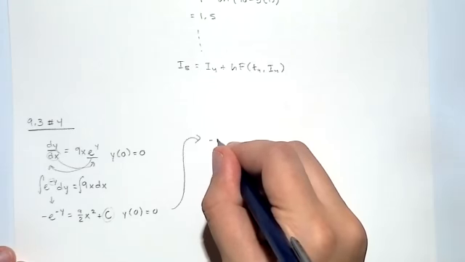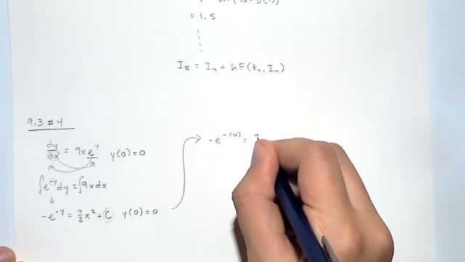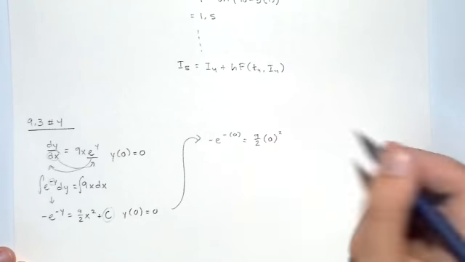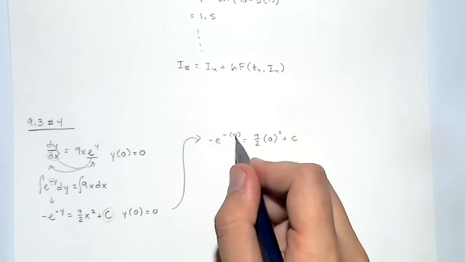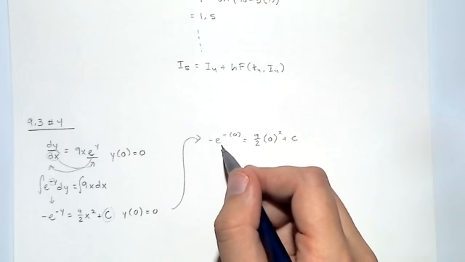So we will say that negative e to the negative 0 in this case is equal to 9/2 times 0 squared plus c. So negative e to the 0, anything to the power of 0 is going to be 1.